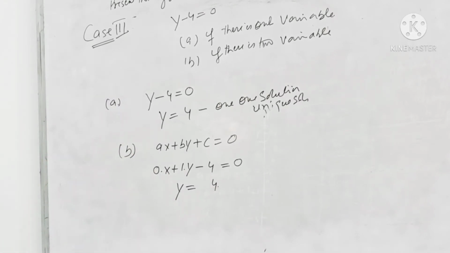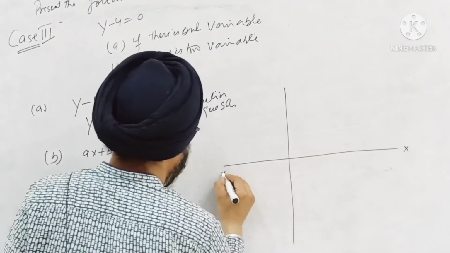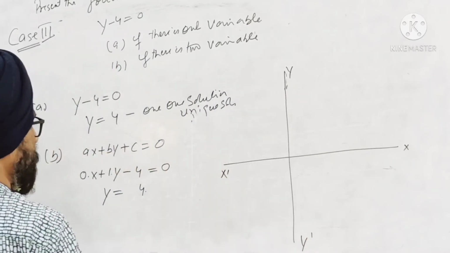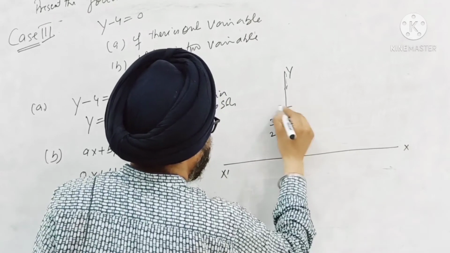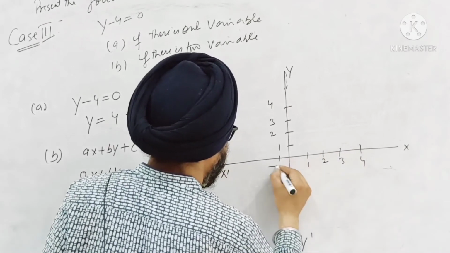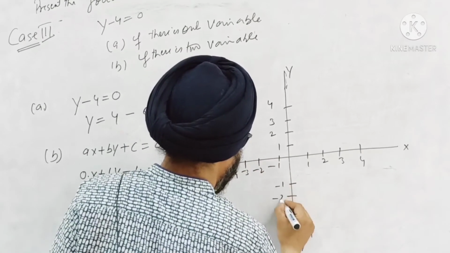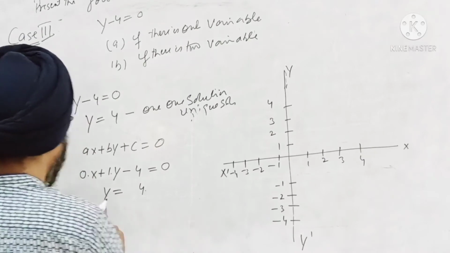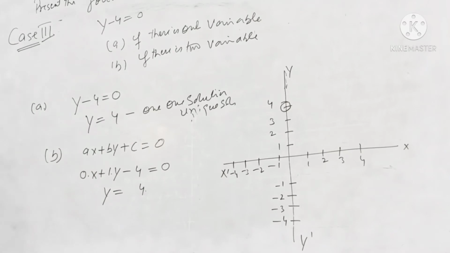How to present it on the graph? In the same way, here the y is equal to 4, but x is not given.